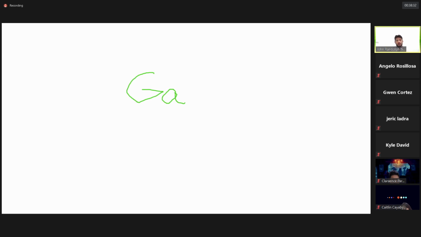Check muna dyan sa periodic table. So anong group number ba si gallium? 1, 2, 3. Group number 3. So expected, tatlo na kayong valence electrons niya.